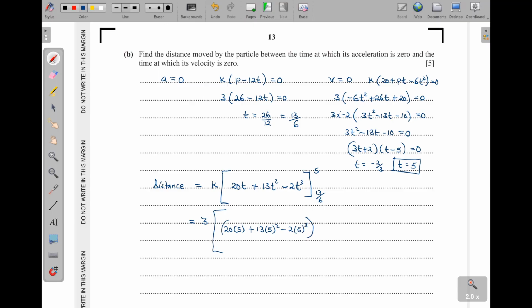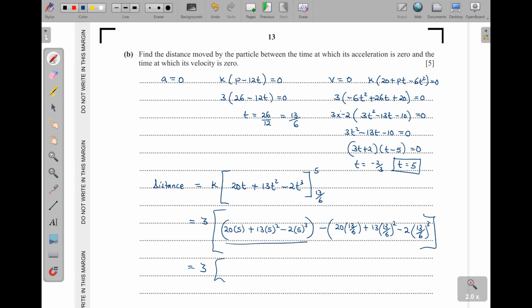After that, we subtract. Now we put 13 over 6: 20 times 13 over 6, then plus 13 times 13 over 6 squared, then minus 2 times 13 over 6 cubed. Like that. Now we have 3.